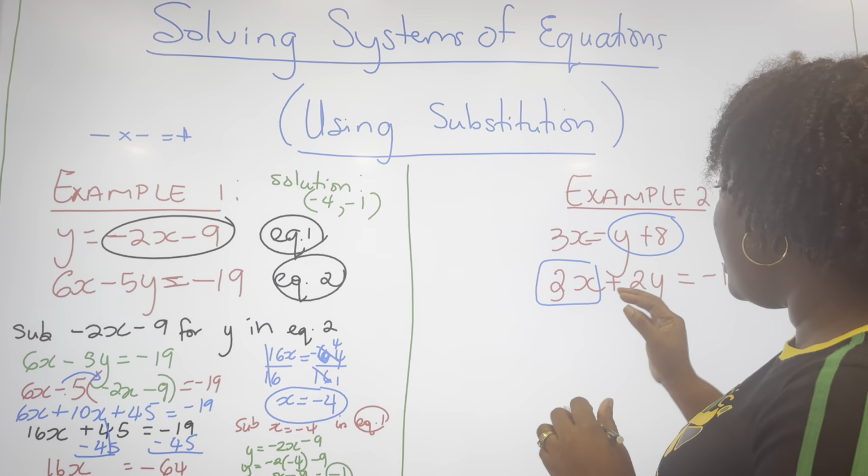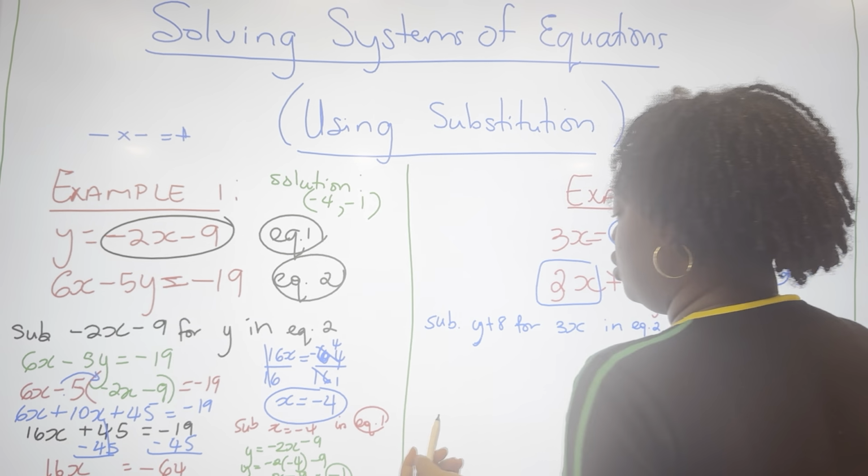Now I'm going to sub y plus 8 into this equation where I see 3x, because remember it's 3x that's equal to that. So sub y plus 8 for 3x in equation 2. Let's go do that.